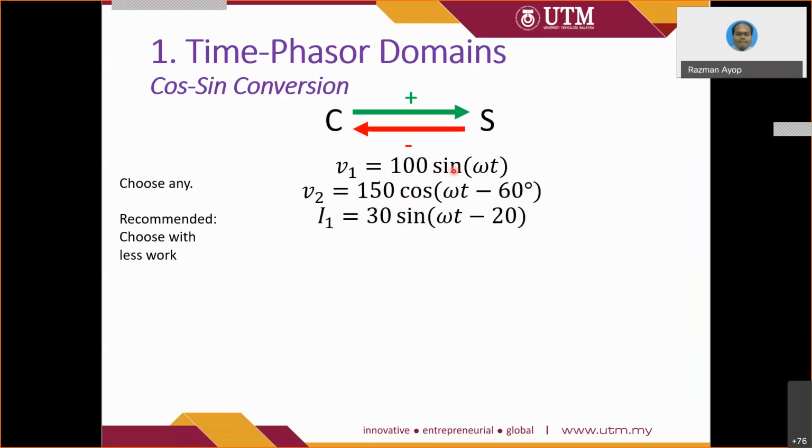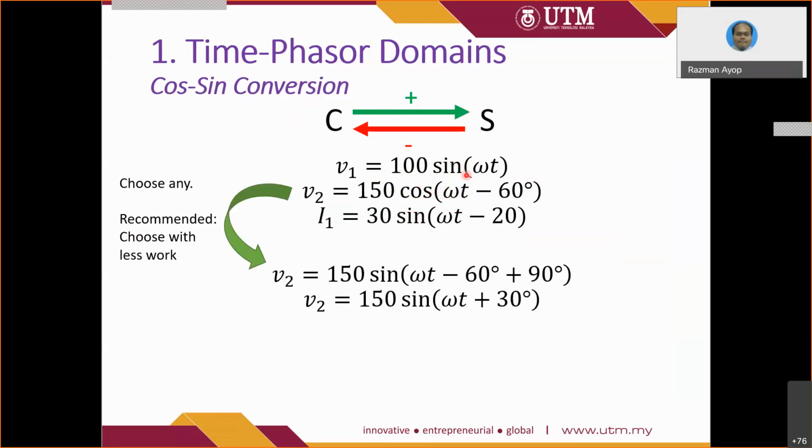So if you can see here, there are two sine and one cos. If you change sine to cos, you have to change two equations, but if you change cos to sine, you only have to change one equation. So that is why you change the cos.